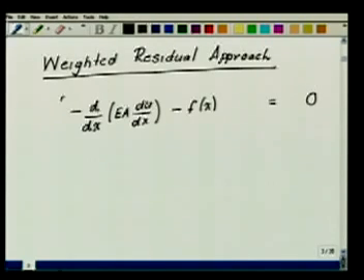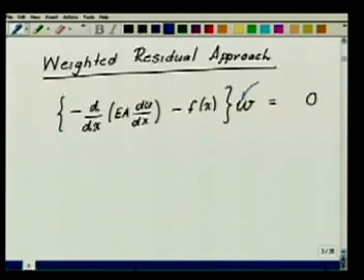Then we take this whole expression on the left hand side, which is called the residue, and multiply it by some weighting function w. This weighting function has to be an admissible function.